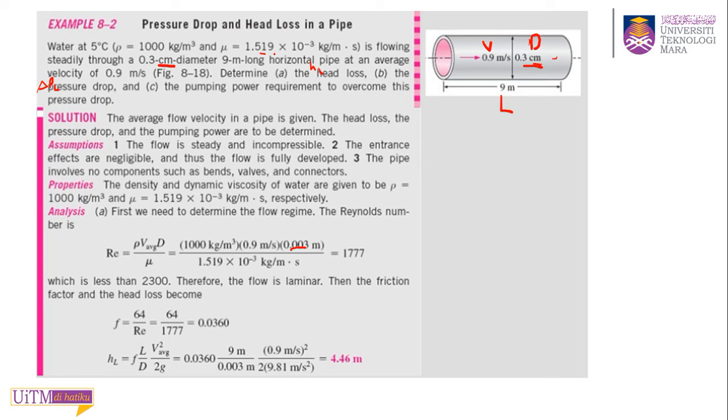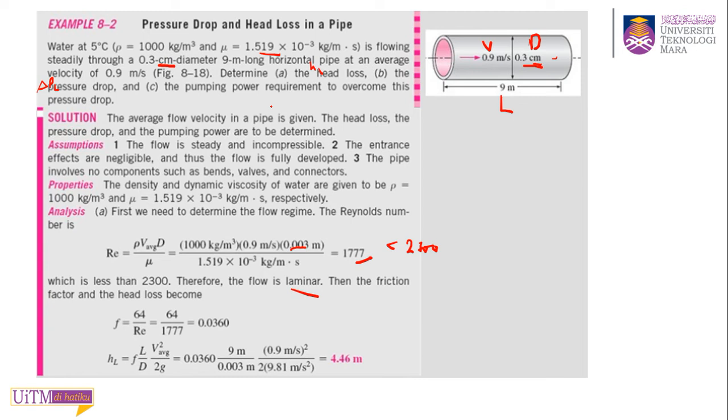Then you get the Reynolds number, and in this case the Reynolds number is 1777. Because this is below 2300, our flow is flowing under a laminar condition. So that's the first thing. That's why we learn how to calculate the Reynolds number.